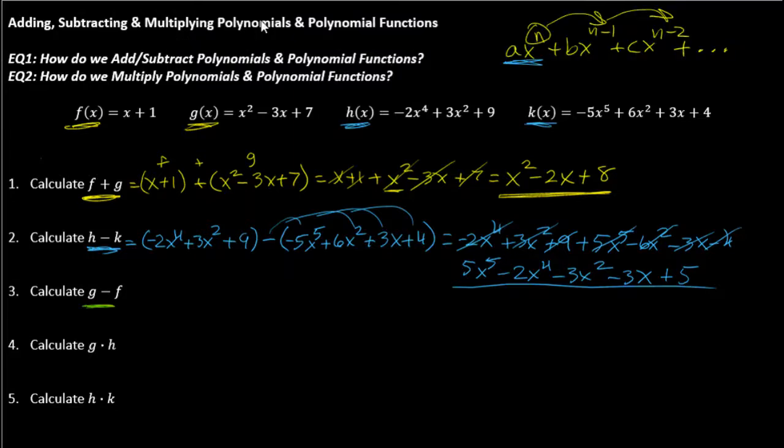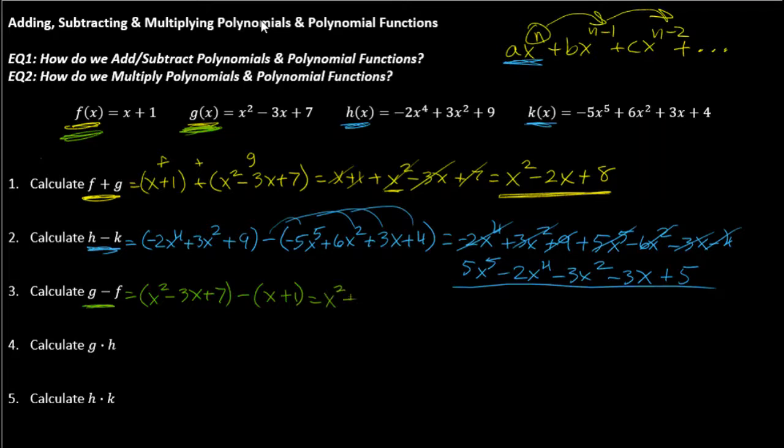So now we're going to do g minus f. Okay, so we're going to say g of x minus f of x. And this one's a little easier than the last example. So go ahead and distribute the minus, drop the parentheses.